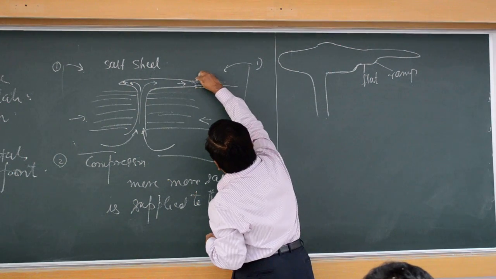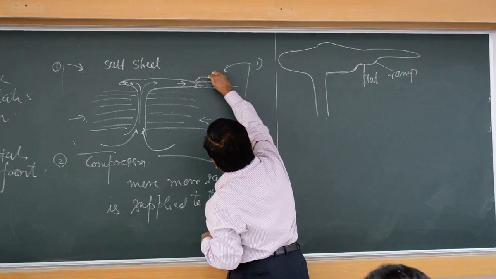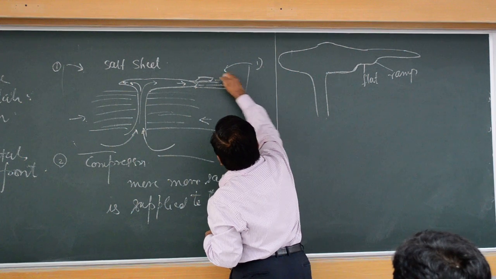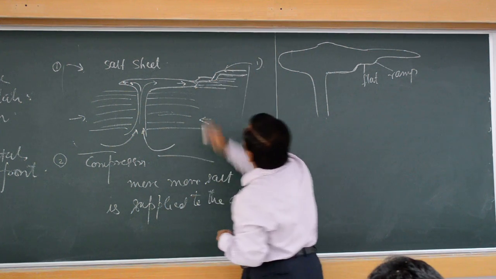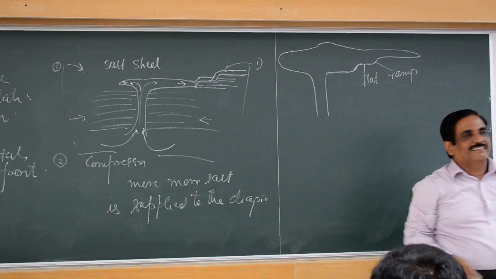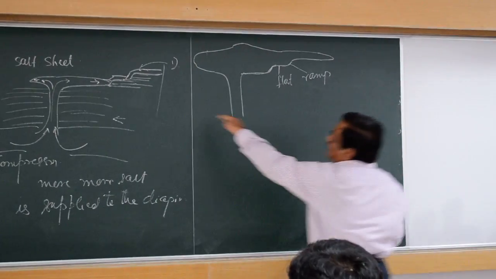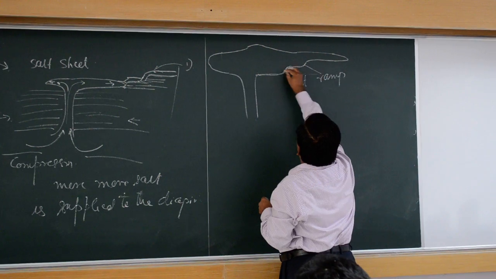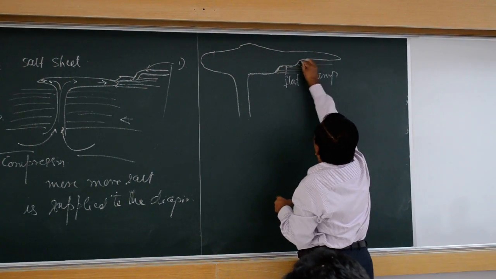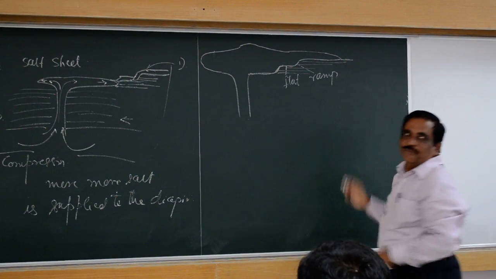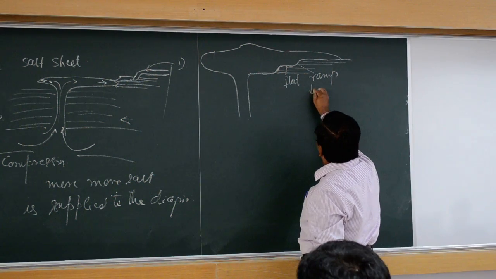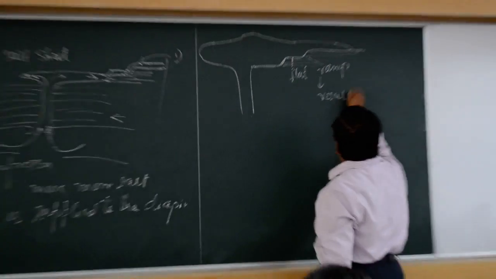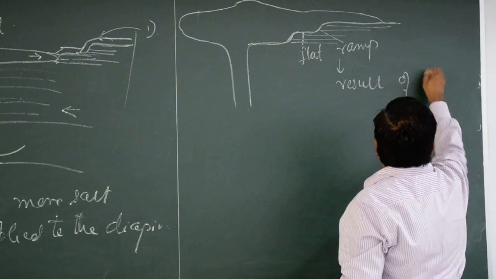Again there will be sediments deposited. Again it will climb up and spread. Like this the phenomenon will happen because the sediments are blocking it. So this flat and ramp structure is the result of sedimentation.